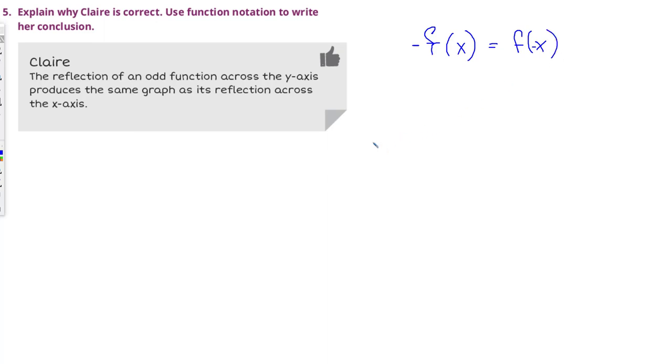So let's take this and use it. What that means is a negative x cubed is going to produce the same graph as a negative x raised to the third power. Is that true or false? True. And the same thing works if I have a negative x to the fifth.